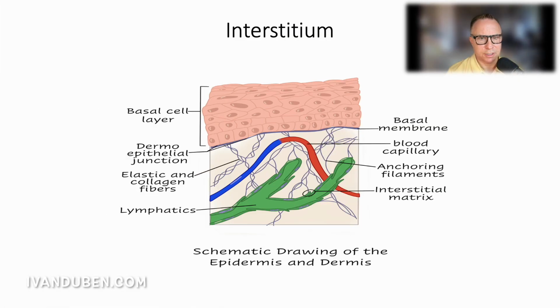This image is just capturing the epidermis and dermis layers below the skin, showing us the proximity of the lymphatics with the vascular system, the elastic collagen fibers, and the interstitial matrix that is the fluid.